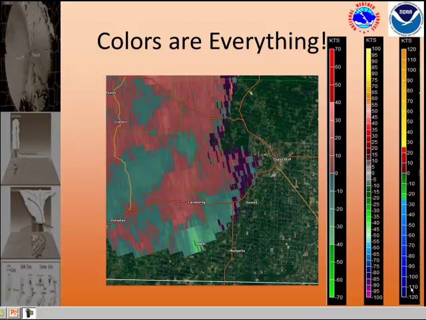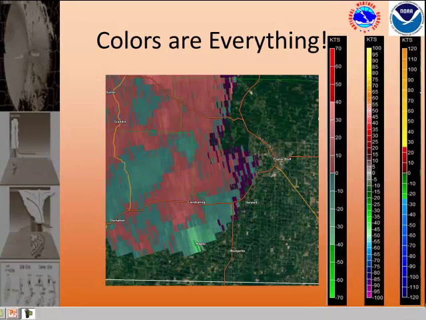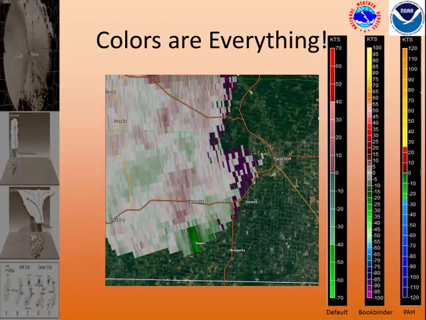Well, let's try another common color scale that's used across the Weather Service. Okay, well, something's showing up here, but I've got very little outbound. I got some greens there, so there might be something in that area, but it's not jumping out at me.